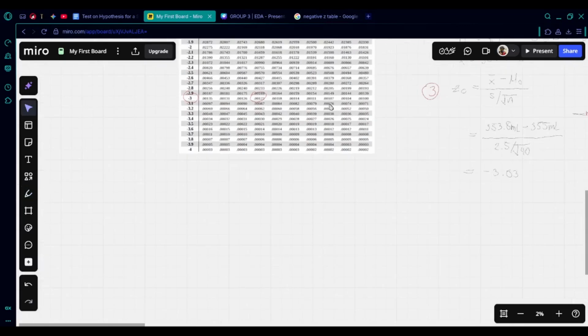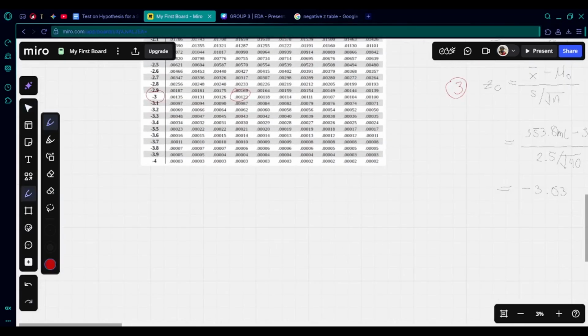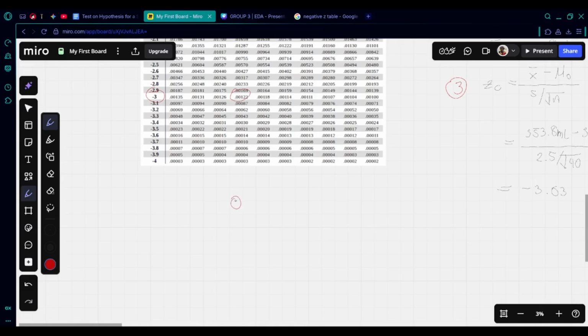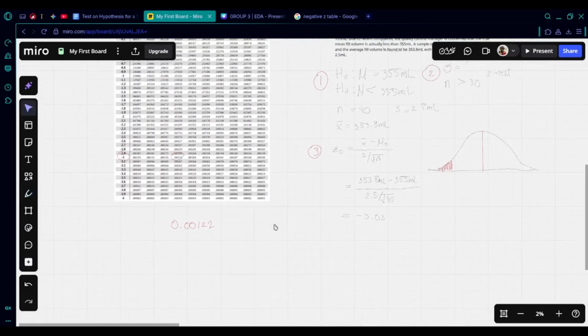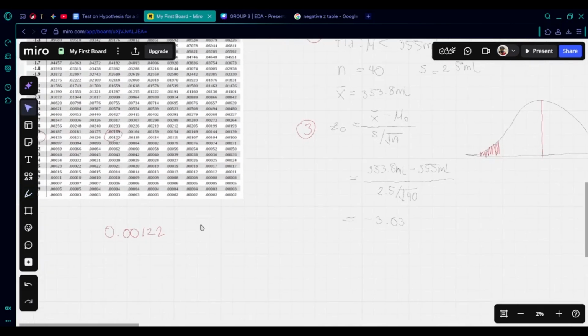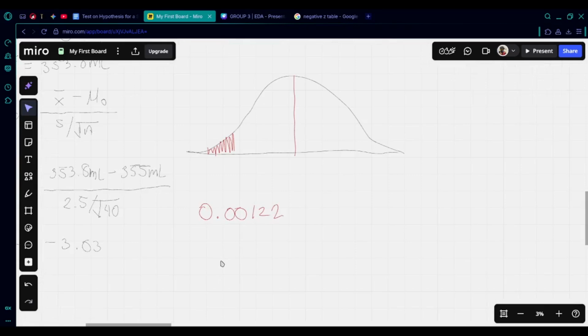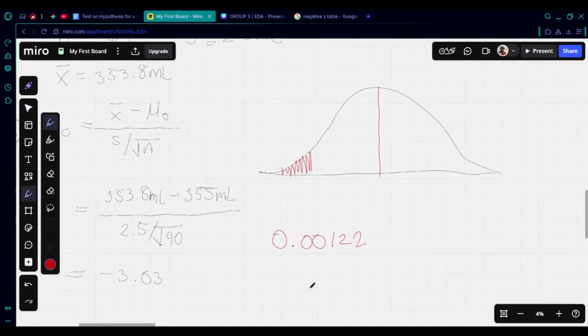So now we got our value, which is 0.00122. Since this is a left tail test, going back, let me move this one under here. Then this is our negative 3.03.